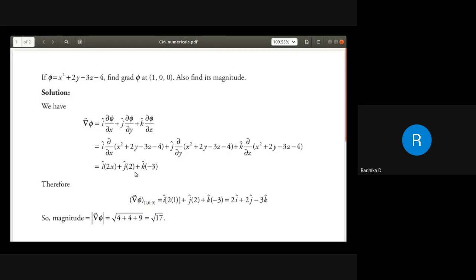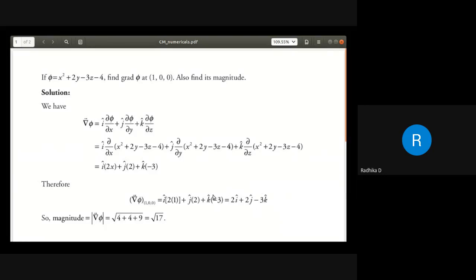The 2 remains there; there is no y, and even if y was there, it was 0. Then k into minus 3. Only for x do you have to substitute 1. Just do the multiplication and you will get 2i plus 2j minus 3k.